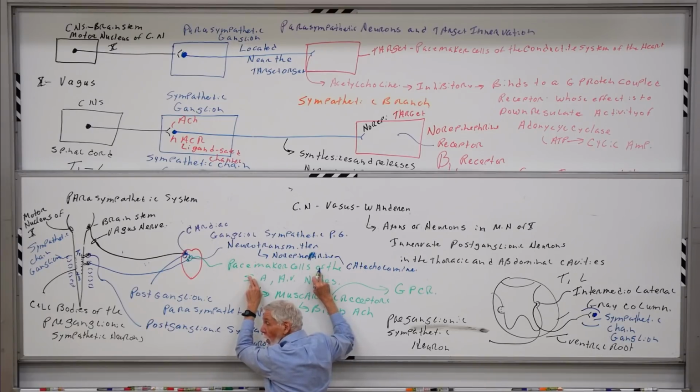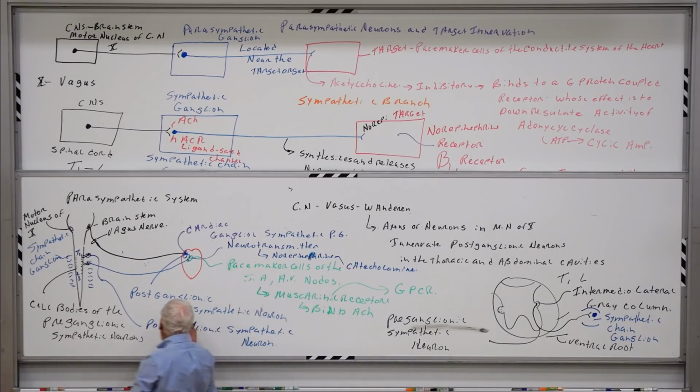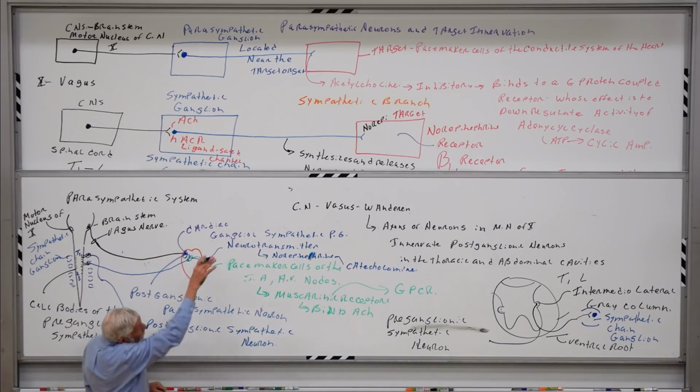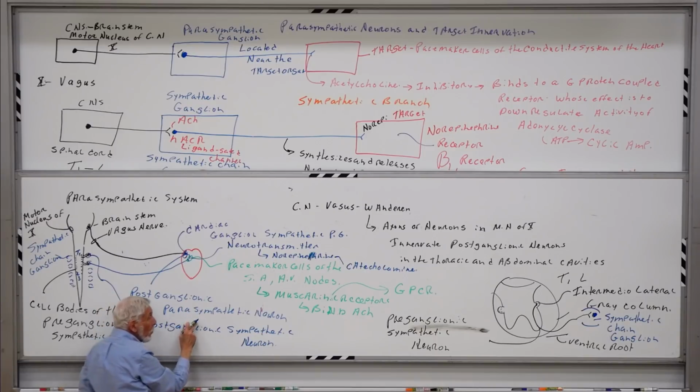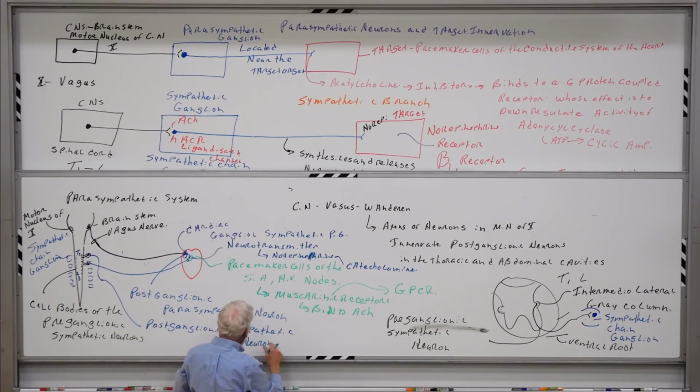Again, when you look at the target, remember the receptor in the target is always a G protein coupled receptor. So that tells us from the upper panel that there must be a receptor here in the pacemaker cell that's a G protein coupled receptor that responds to norepinephrine.